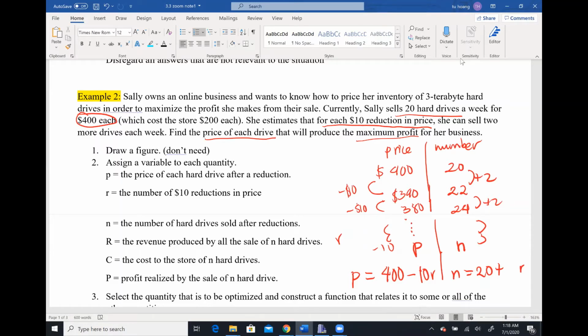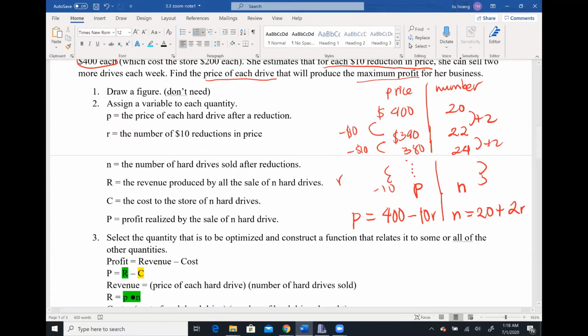So you're going to have adding 2 times R here. This gives you the information from the problem. So I'm going to rewrite it down here.